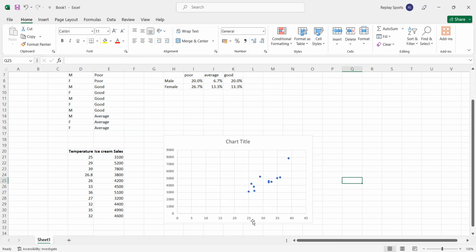As you increase the temperature, see the relationship that you will see from here: as there is an increase in temperature, sales value also increases, right?